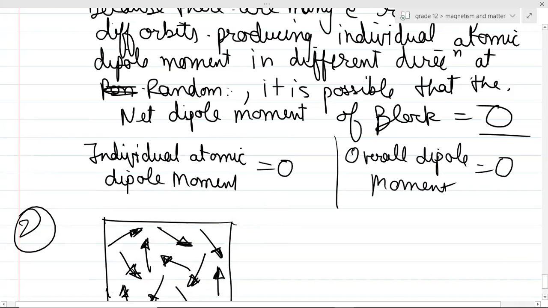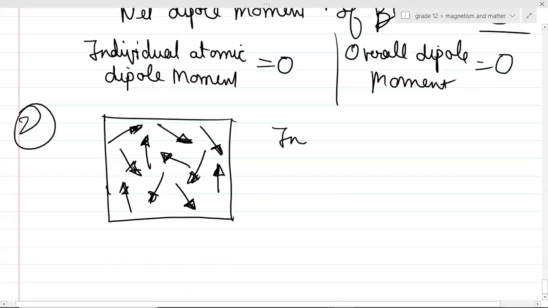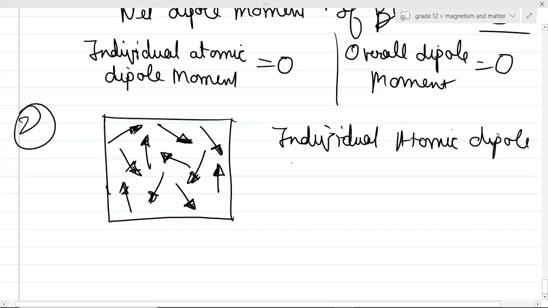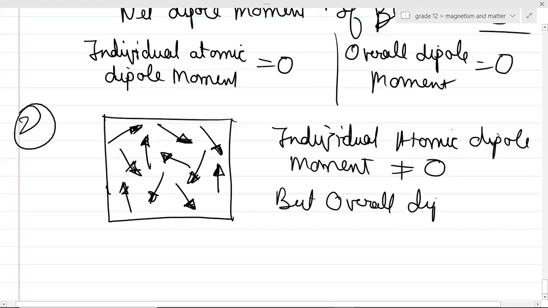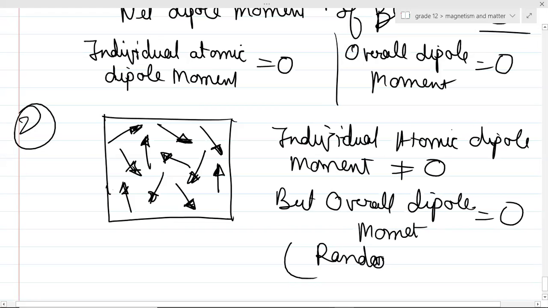In the second case, what am I saying? That individual atomic dipole moment is non-zero, but still overall dipole moment is equal to 0. Why? Because these individual dipoles are randomly oriented, right?